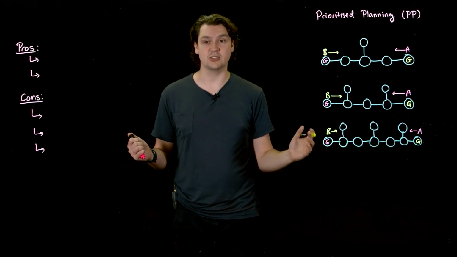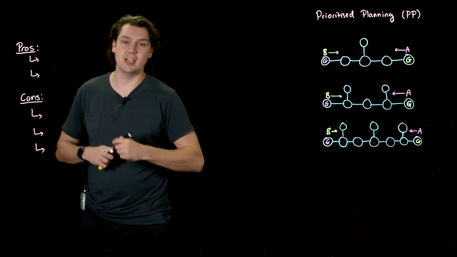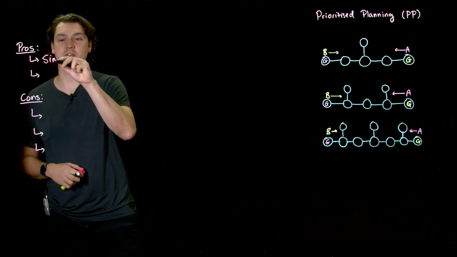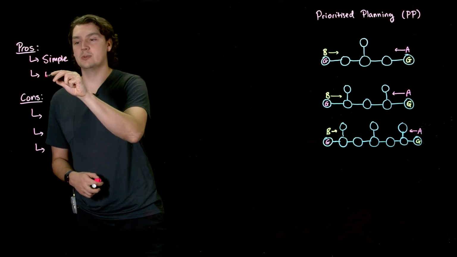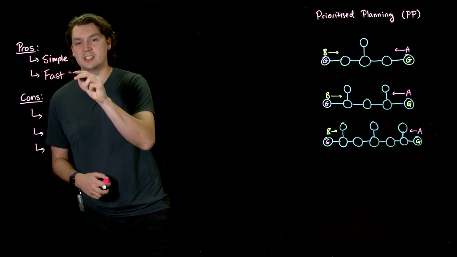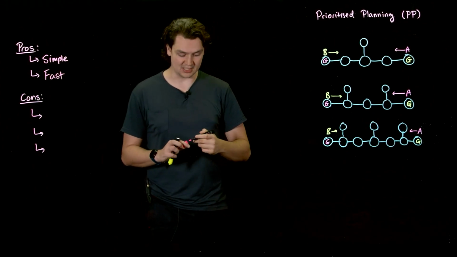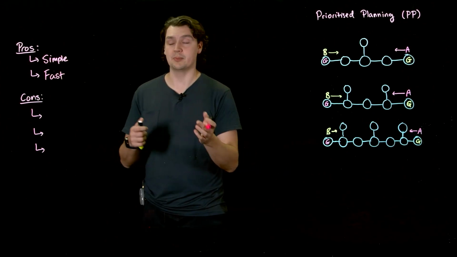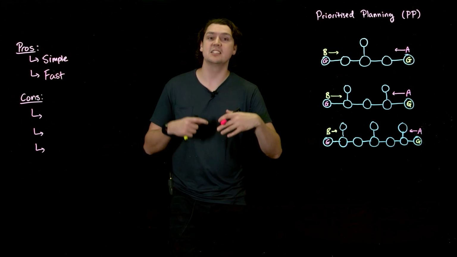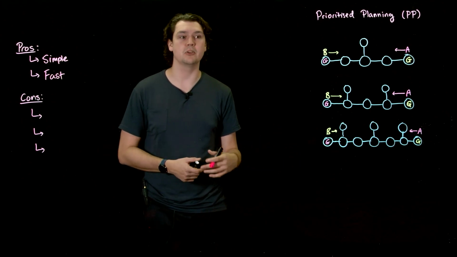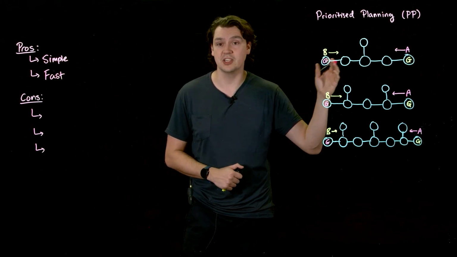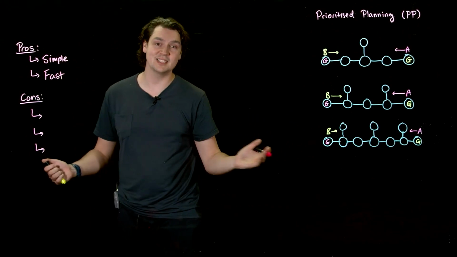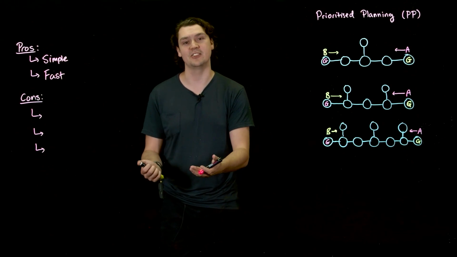Prioritized planning is extremely simple. This is its main pro: extremely simple to understand and to implement. And because we're just doing single agent search with moving obstacles, compared to the other advanced centralized approaches to avoiding collisions in MAPF algorithms we'll look at in the future, this is an extremely fast method because it's very simple and computationally feasible.